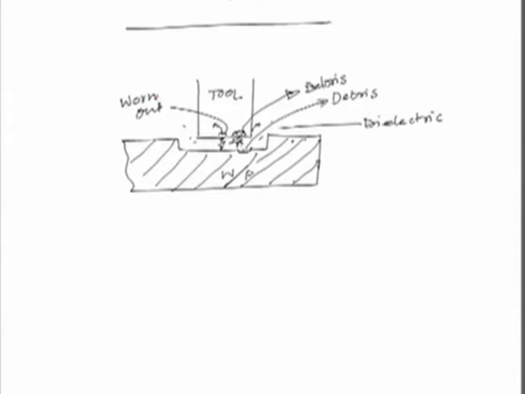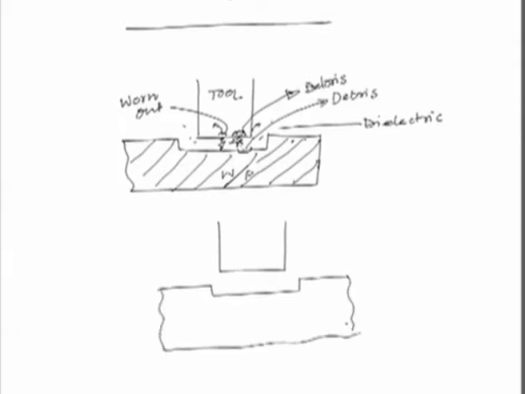However, if we use some powder particles here, then what happens? Principally it works like this. This is the workpiece, this is the tool. Now, small abrasive particles are suspended in the dielectric, which is flowing through here and is an essential component in EDM.